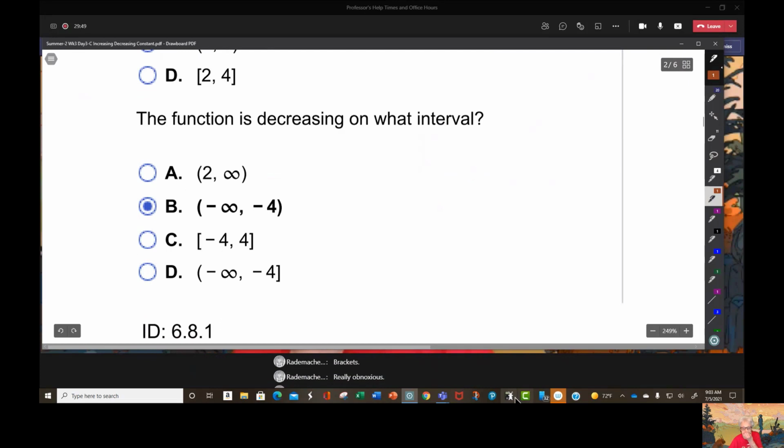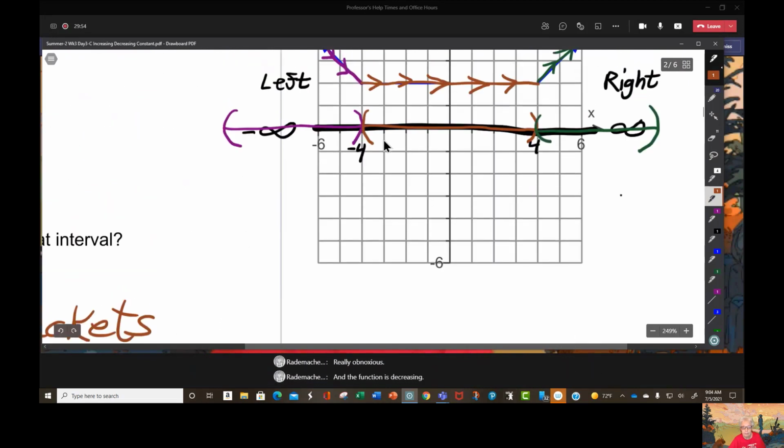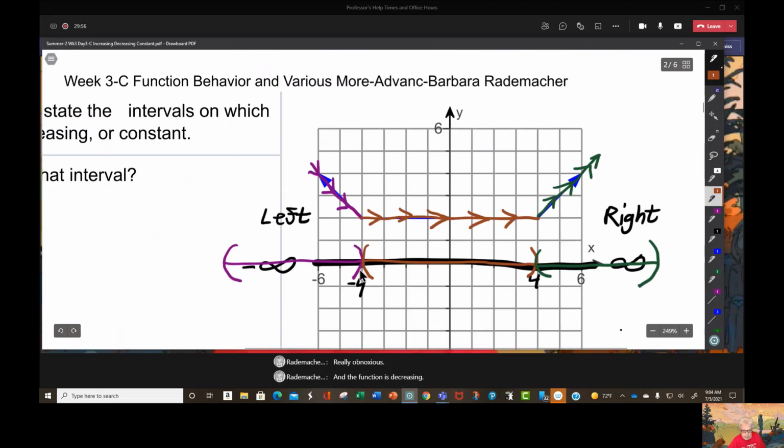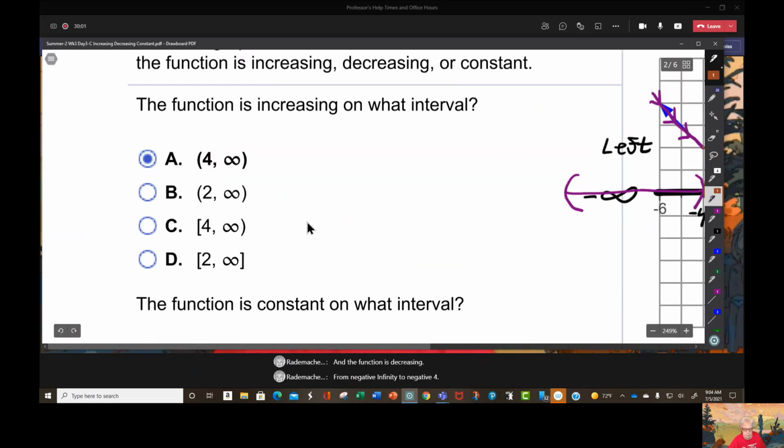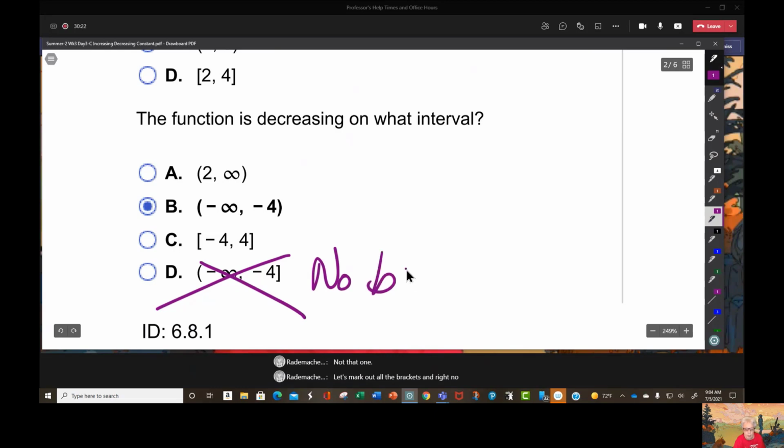And the function is decreasing from negative infinity to negative 4. No brackets. Not that one. Let's mark out all the brackets and write no brackets, just to help you remember.